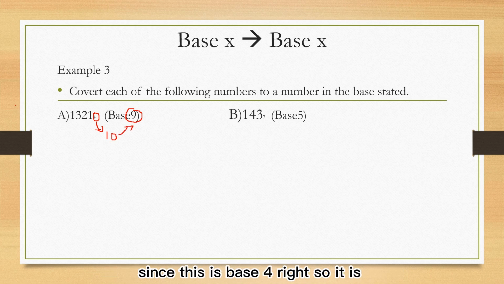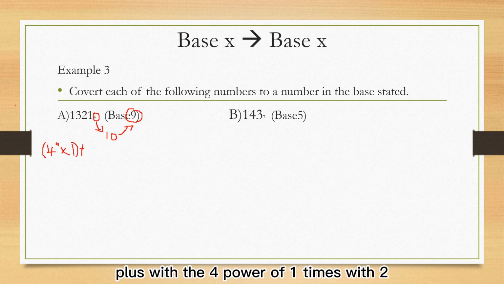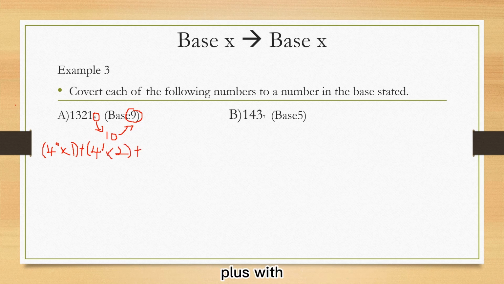Since this is base 4, we have 4 power of 0 times 1, plus 4 power of 1 times 2, plus 4 power of 2 times 3, plus 4 power of 3 times 1.